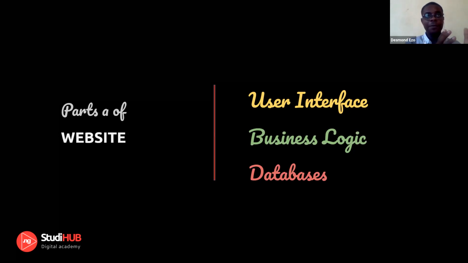If you have Facebook, for example, the business logic for Facebook would be the code that is required to help you find your friends on Facebook. That code is not something that you see and can directly interact with. It's something that is stored somewhere. It's usually stored on the server. It's never delivered to the user directly. So that's the business logic.